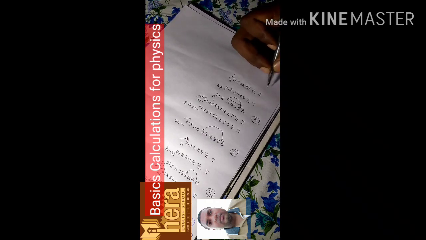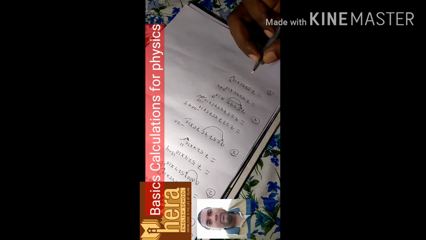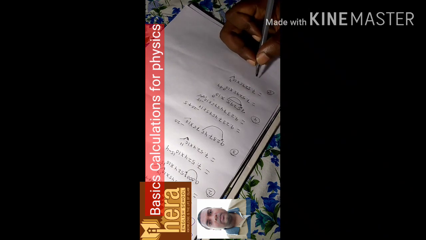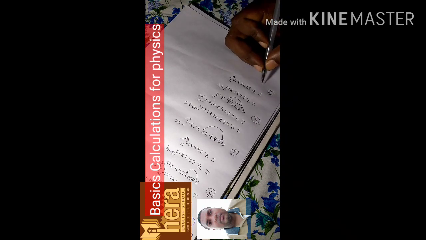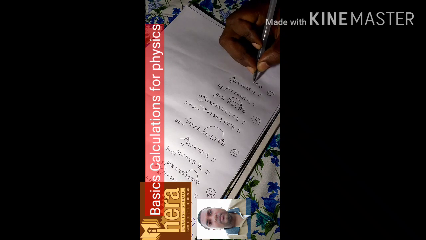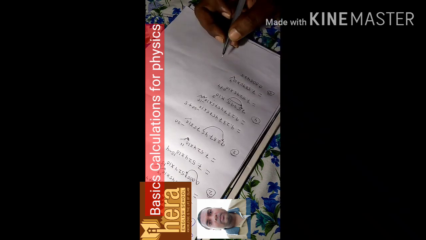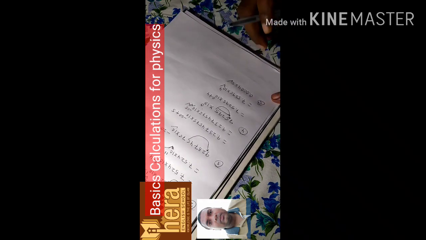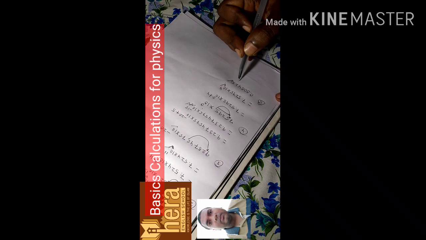One more example. Example number 5. I am taking one number, 0.000425. You have to write this number in scientific notation. So what will you do?